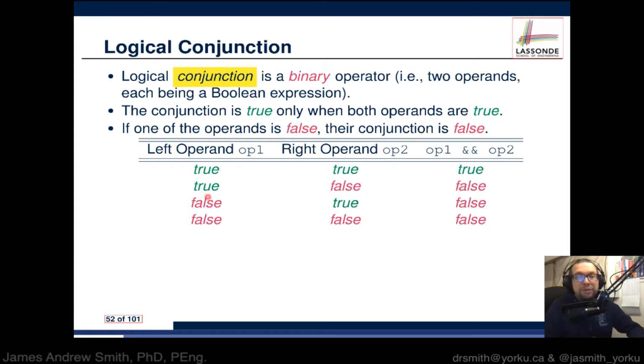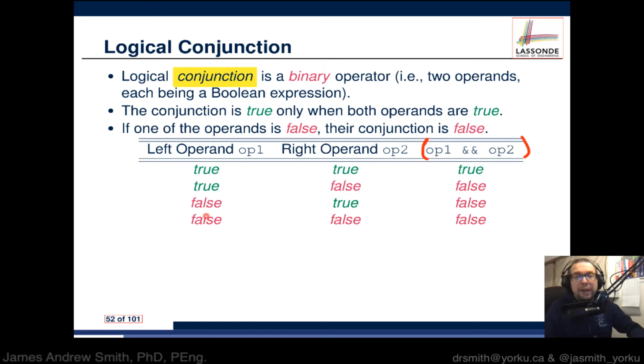Now we go through the rest of the truth table. If op1 is true and op2 is false, then the end result is going to be false. If the left side is false and the right side is true, then the combination of these two together is going to be false.